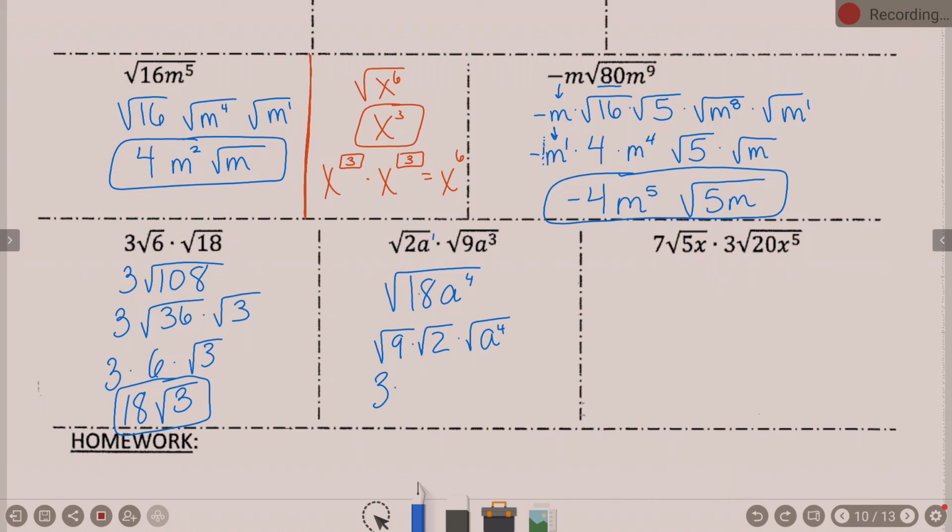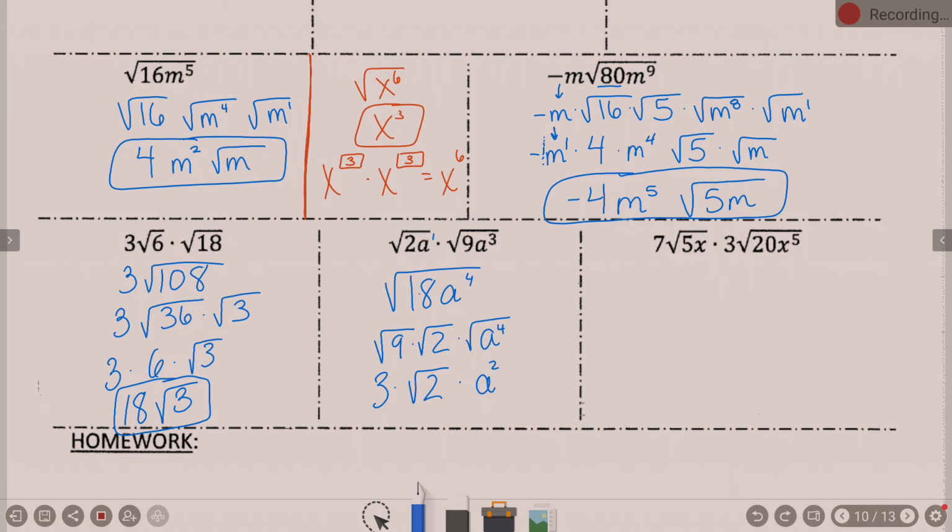Square root of 2 is a decimal, so we're going to leave it as square root of 2. Square root of a to the 4th is a to the 2nd, which means it's no longer under the square root.